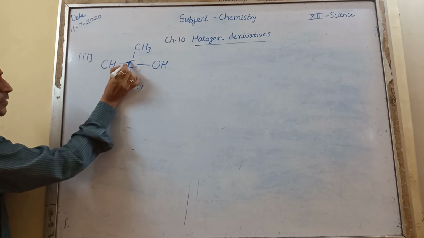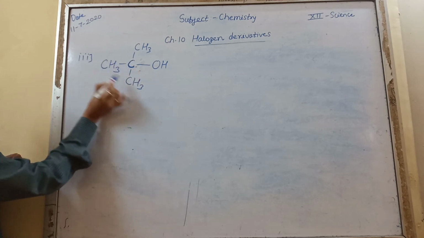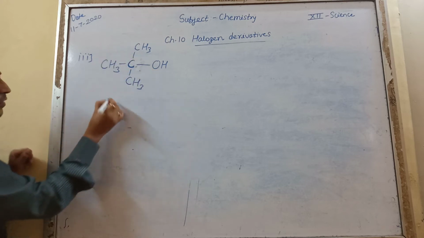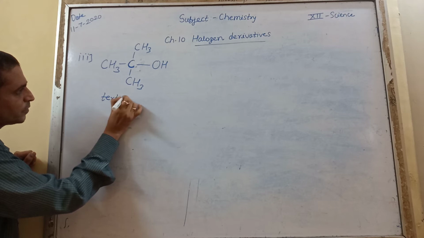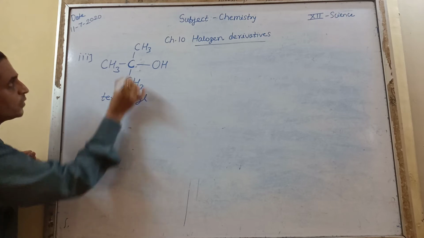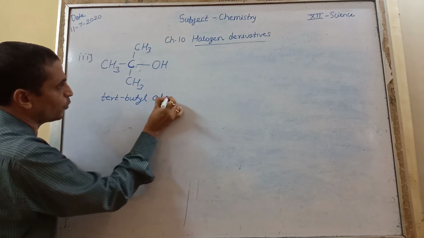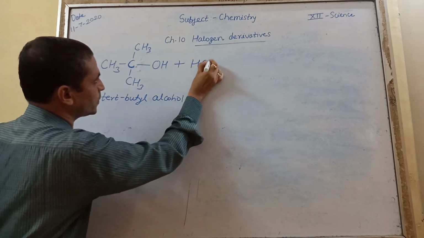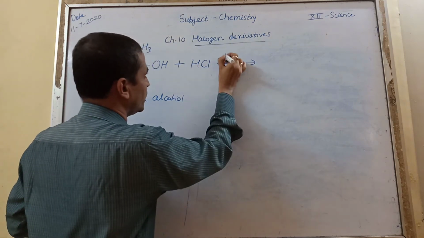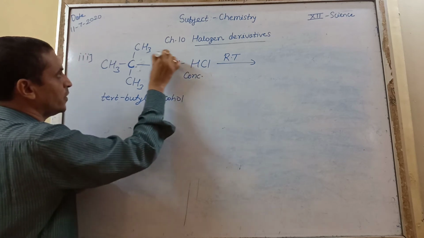See here, this carbon atom is tertiary, because it is attached to 1, 2 and 3 carbon atoms. So its name is tertiary butyl, because the total number of carbon atoms is 1, 2, 3, 4. Tertiary butyl alcohol is very reactive, so conditions are very mild. We require only room temperature. We don't require anhydrous zinc chloride.